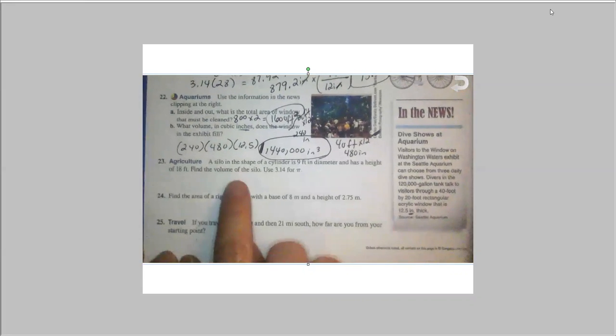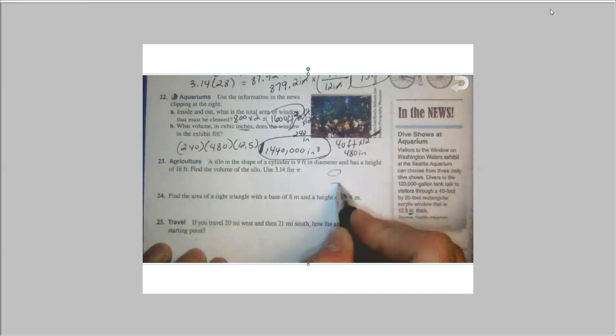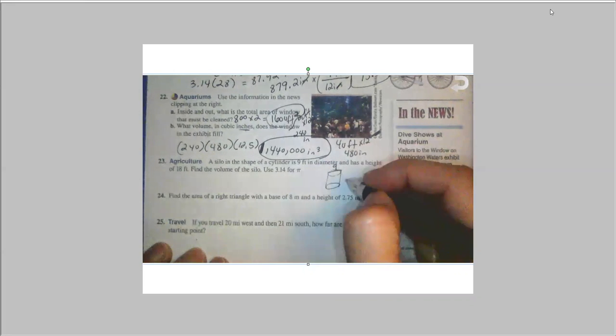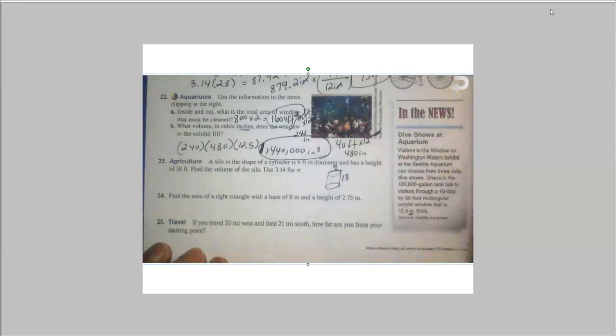All right. Last question here we're going to go over tonight. A silo in the shape of a cylinder. Okay, so a cylinder, think like a can, is 9 feet in diameter and has a height of 18 feet. What is the volume of this silo?